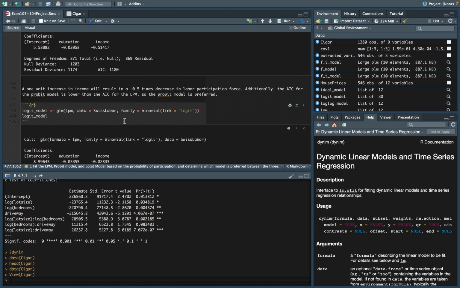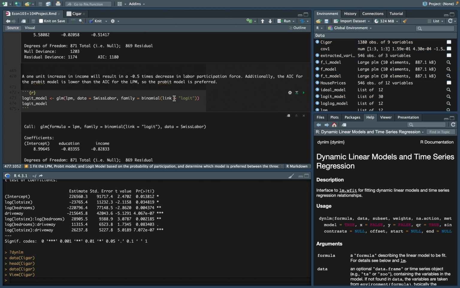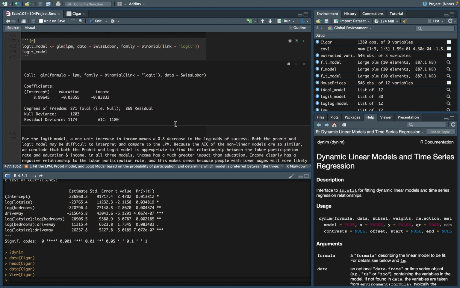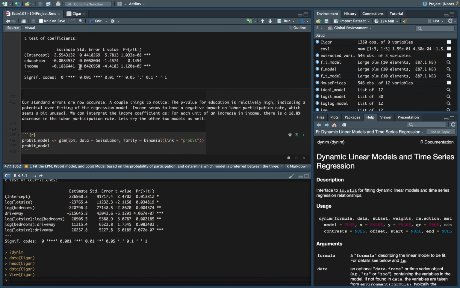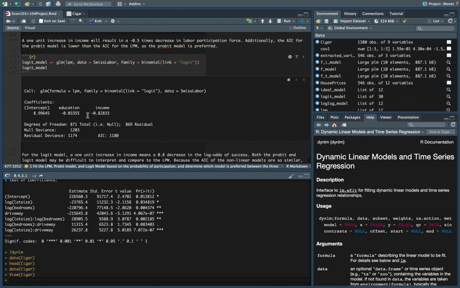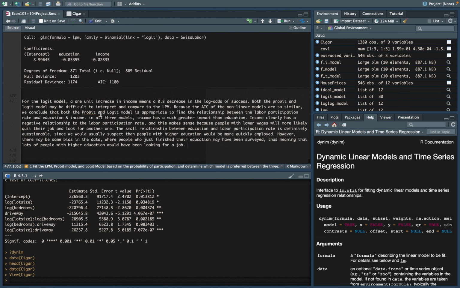But lastly, moving on to the logit model, we have a similar argument to the probit model, except we switch to link equals logit. And so we get a similar AIC value, but these coefficients again are different. The education coefficient is mostly the same, very close to 0, but the income coefficient is different. This time it's negative 0.8.